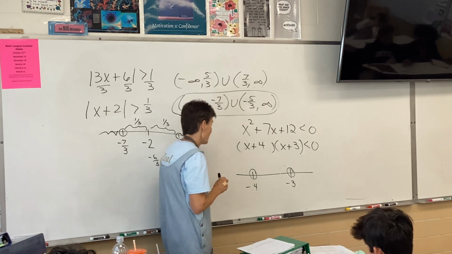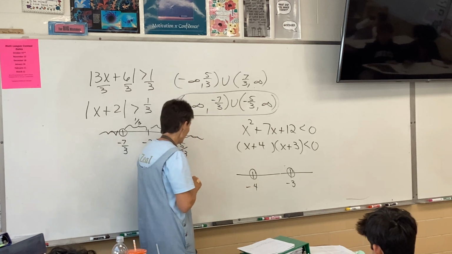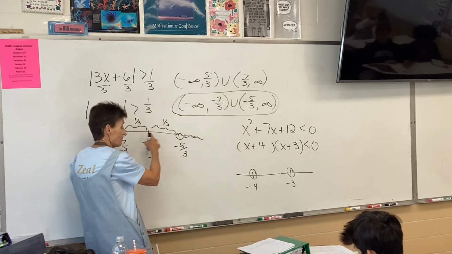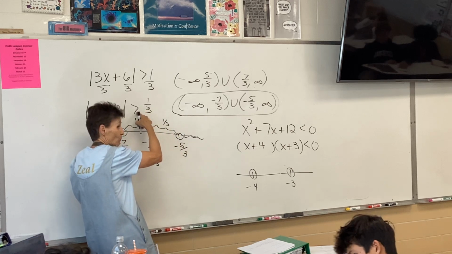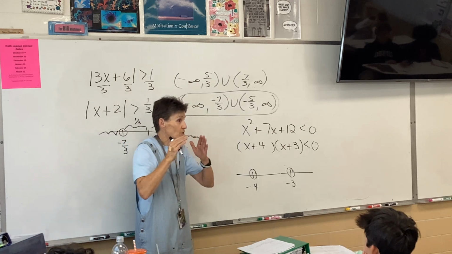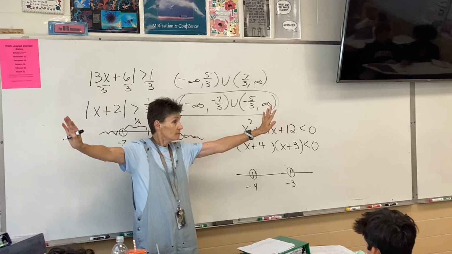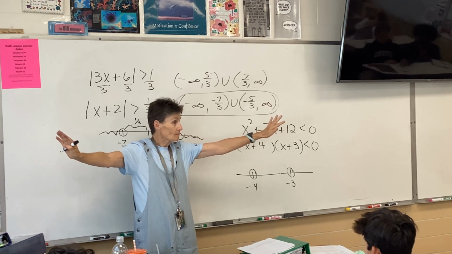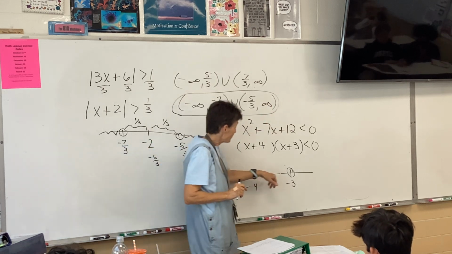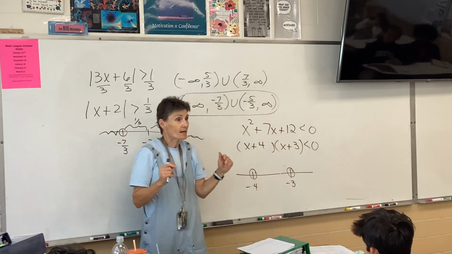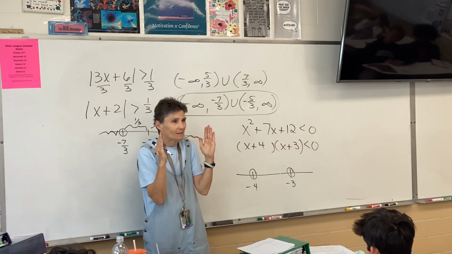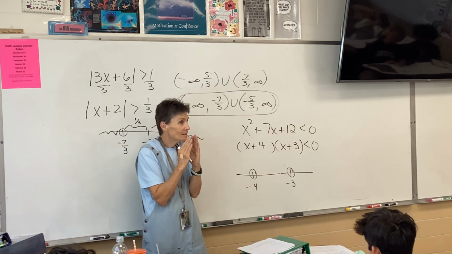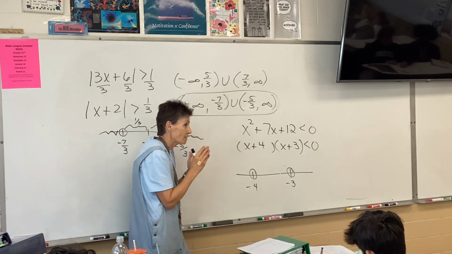Now, a minute ago, when we had 2 dots on the number line, and that was a greater than, we took our 2 dots and we shaded out from them. Now I have my 2 dots, but I have a less than, so guess what? I'm gonna shade in between, just like I did before.